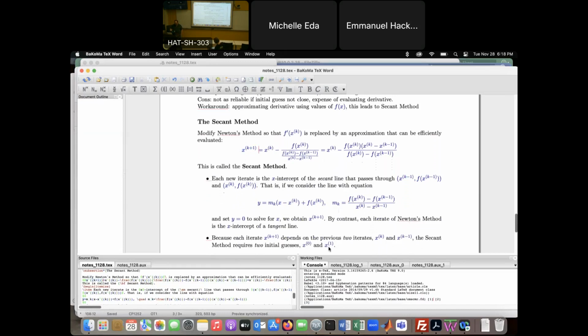For those two, the secant method formula will give you x2, then x1 and x2 will give you x3, and so on. So there's that little hassle there. But it's worth it if you can, because each iteration of the secant method is cheaper than Newton's method. In Newton's method, every iteration you have to evaluate f once and f prime once. In the secant method, you only have to evaluate f.